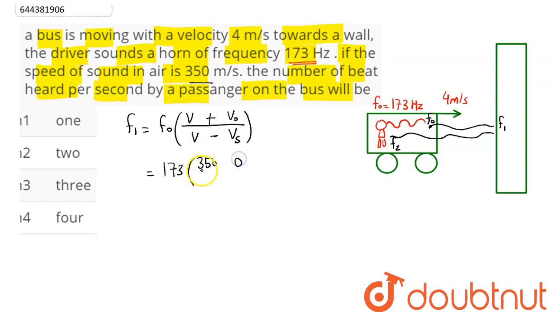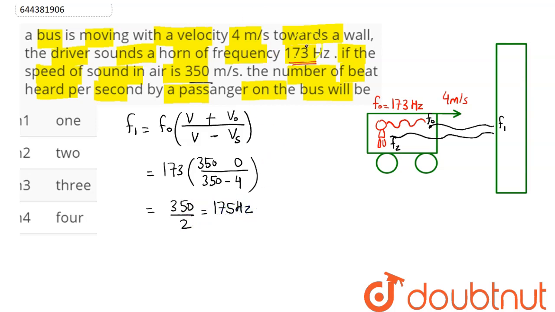Observer is at rest, and this is 350 minus the source velocity, 4 meters per second, so the denominator comes as 346. 173 cancels 346 by 2, so this is 350 by 2. Hence F1 is 175 Hz.